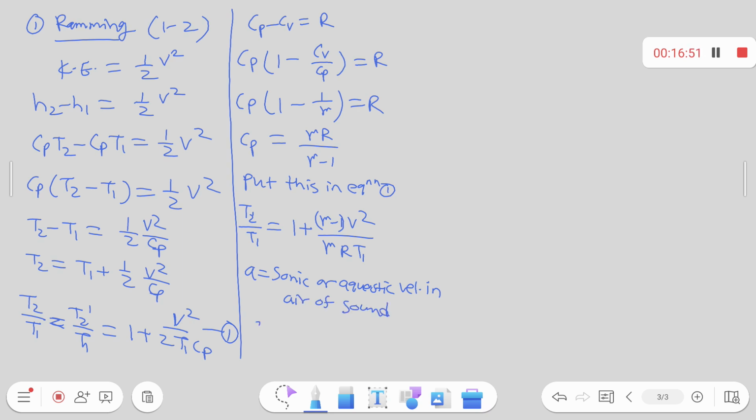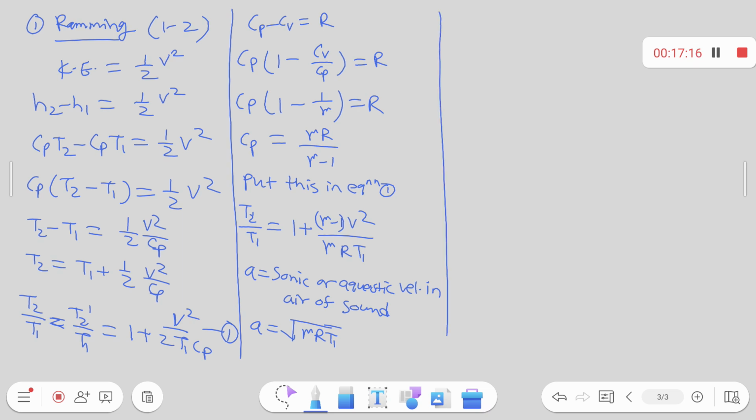Which is equal to under root gamma R T1. T1 is the local temperature of the air, right? So here we have gamma RT. So under root of gamma RT is equal to A, so that we can write gamma RT is equal to A square, right?